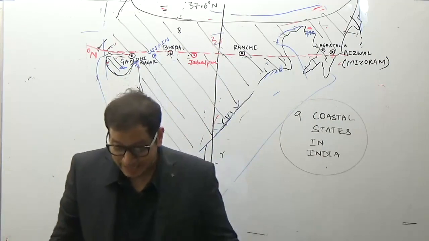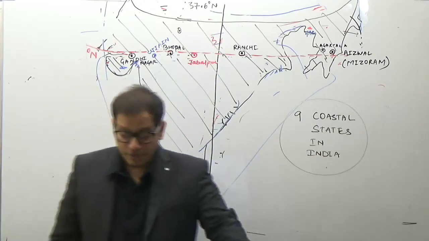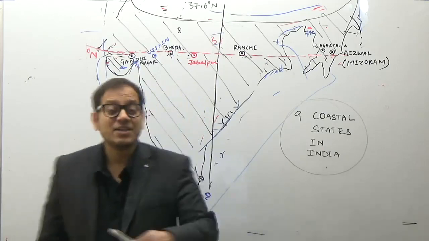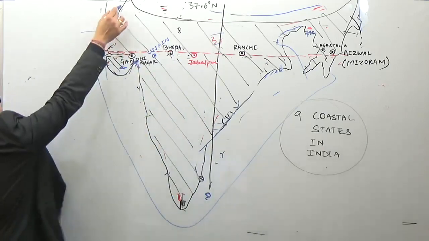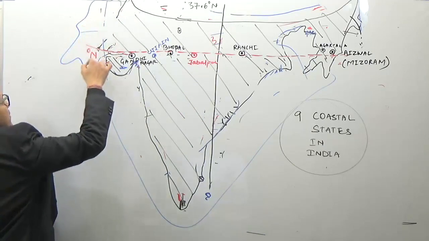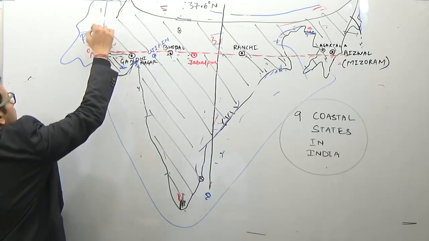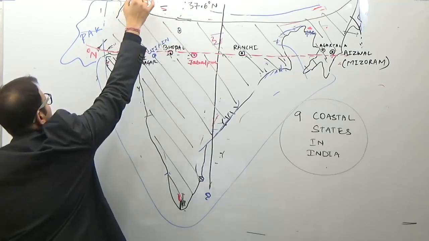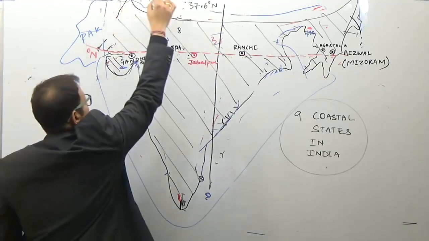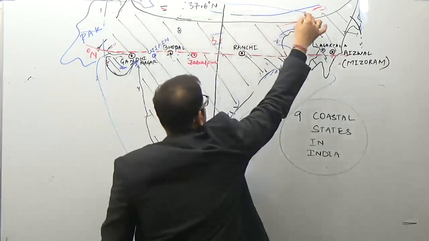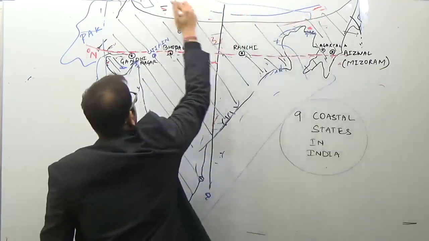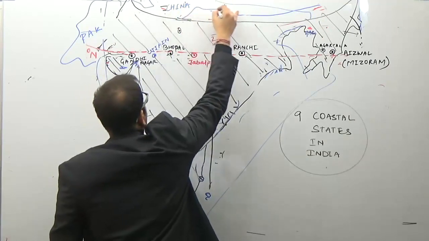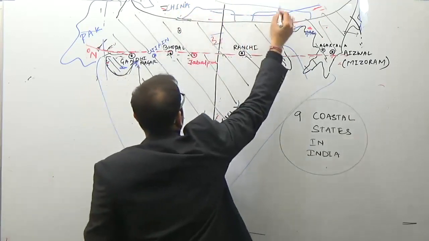Now, looking at the international boundary of India. Here there is Pakistan. Here there is Afghanistan. After that there is China, the Tibet region of China. In between there is Nepal and Bhutan.